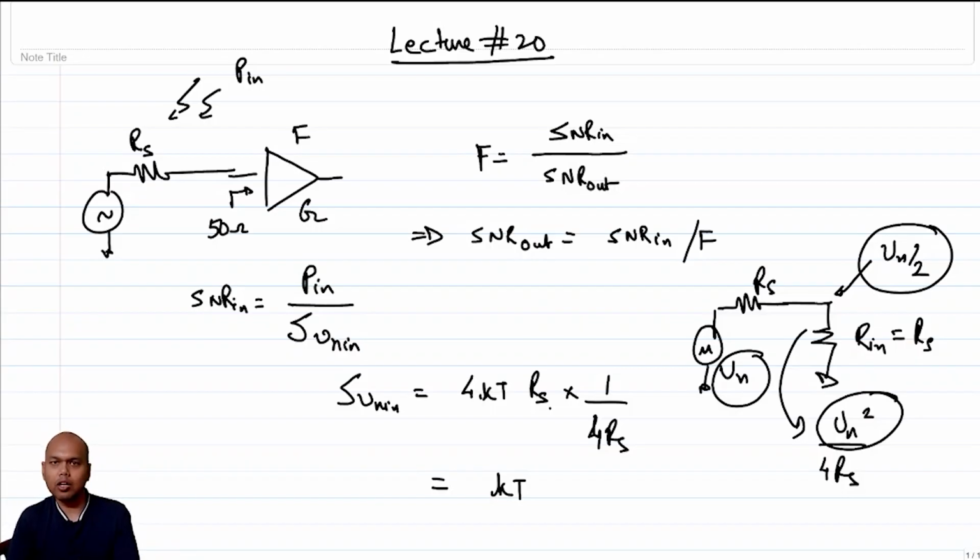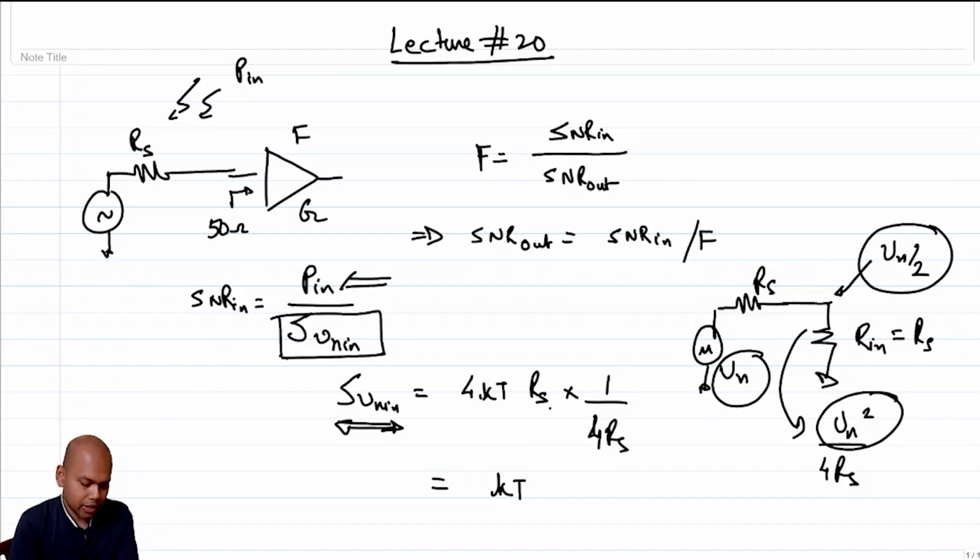But this is also not sufficient, because this is power spectral density, which means this is per unit bandwidth, per hertz, right. Strictly speaking, this should not be power spectral density, because SNR is supposed to be unitless, right.